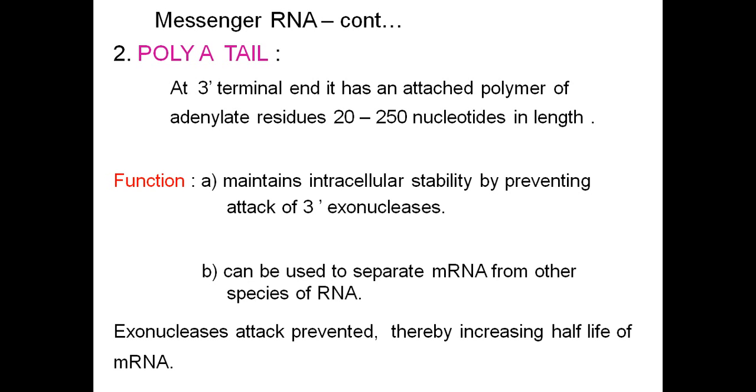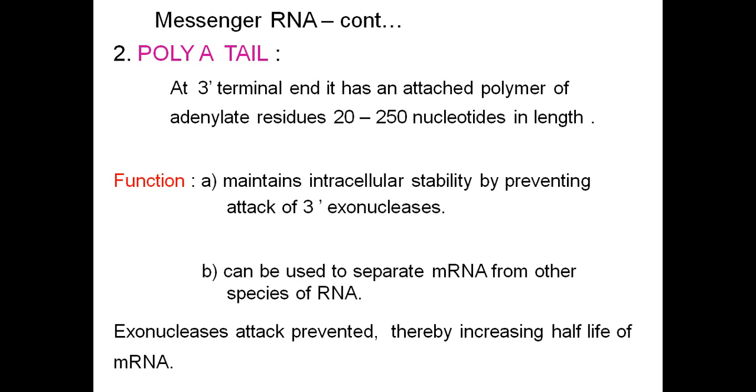Then this mRNA contains a poly A tail, which means at the 3' terminal end it has an attached polymer of adenylate residues of 20 to 250 nucleotides in length. So at the 5' end there is a cap on the mRNA and at the 3' end there is a tail called the poly A tail.